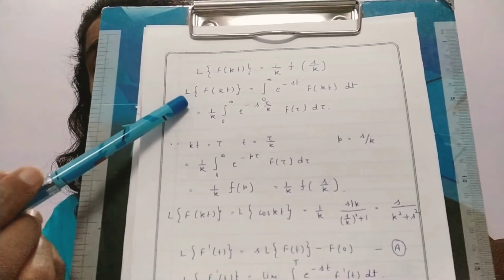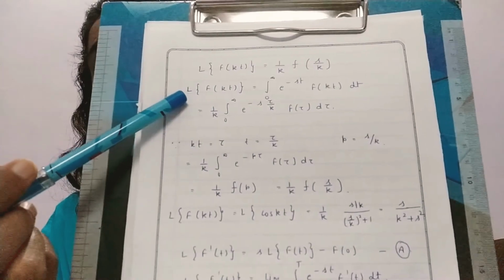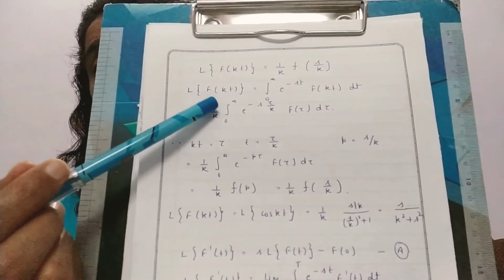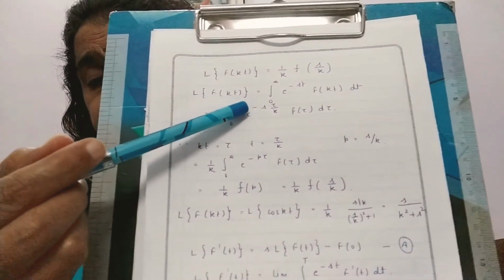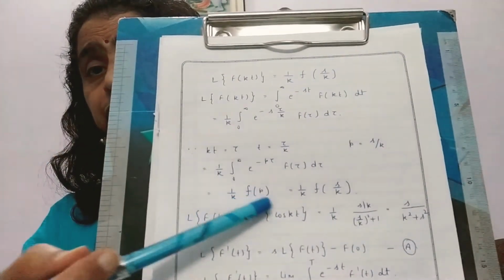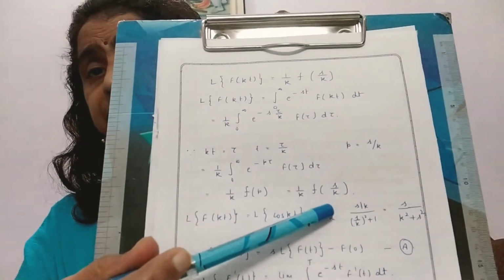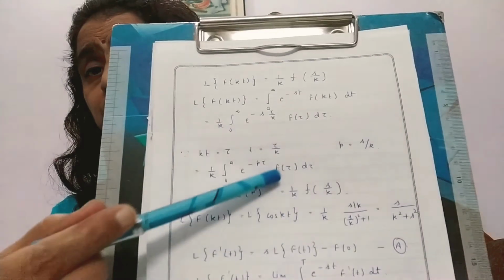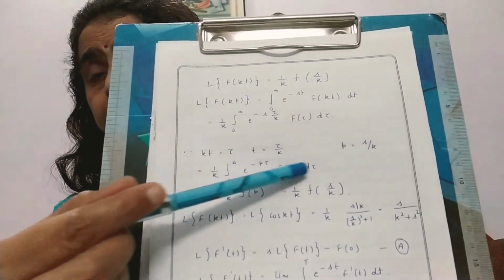So we began from the left hand side, L of f(kt), and we found on the right hand side the quantity equal to this one. This is the statement of the property, which is the change of scale property.